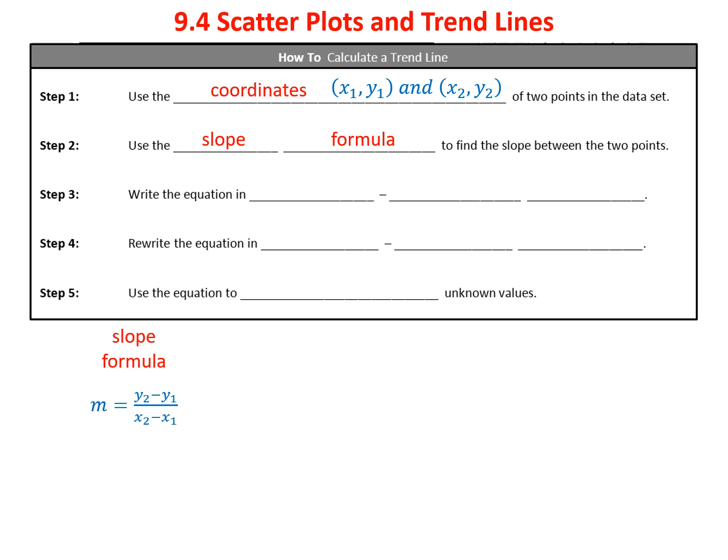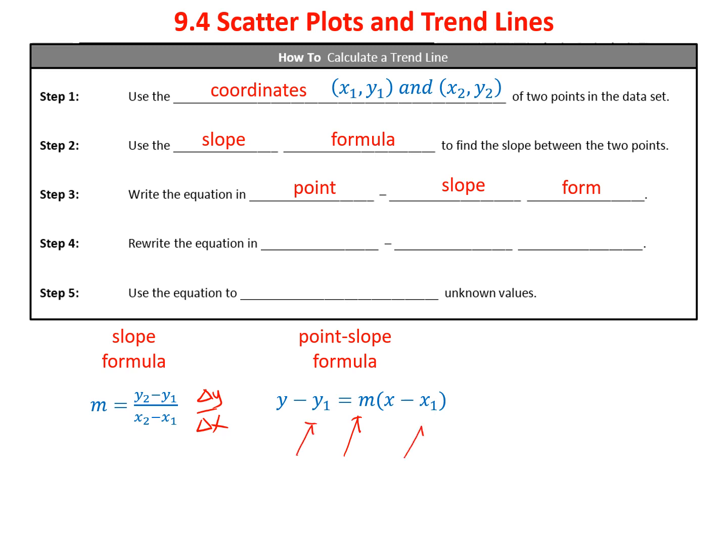You find the change in y over the change in x, the rise over the run. Then once we find the slope, we're going to write the equation in point slope form. Point slope form looks like this. We'll now have our slope, and we'll pick 1 point to put in there. All right. Then once we do that, we're going to rewrite the equation into this form, y equals mx plus b, and that will be the equation that we can use to make predictions.